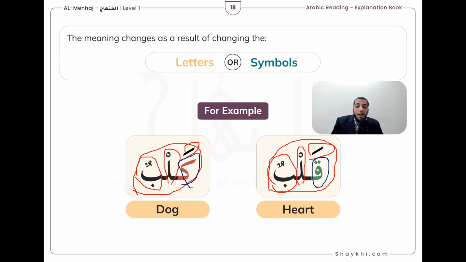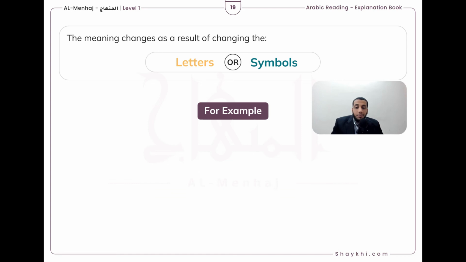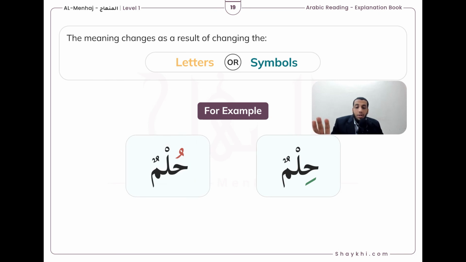So let's figure out how changing one symbol might also change the meaning. Okay, so we have this word and this word.